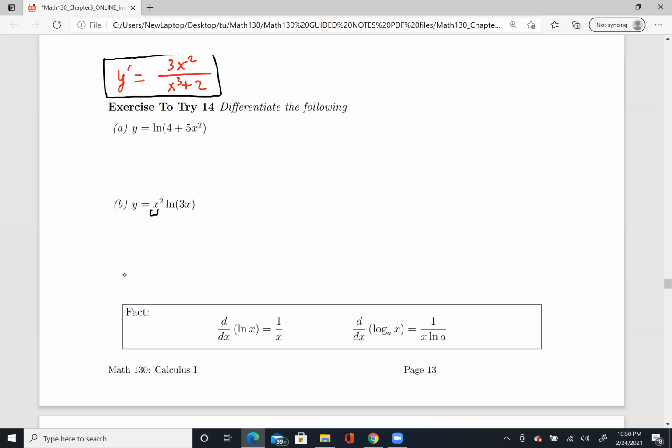It has the product rule, but remember that there is 3 times x over here. So you will have the combination between the product rule and the chain rule.